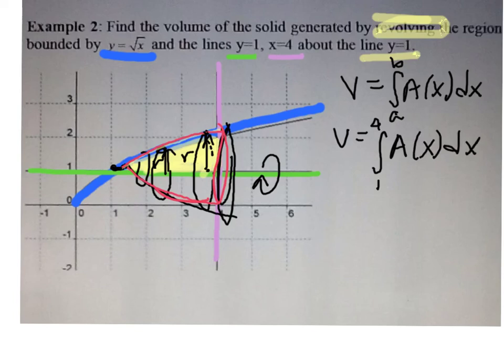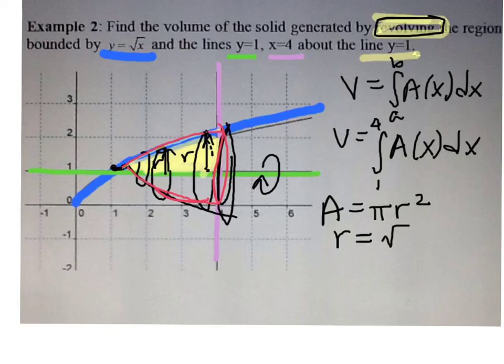Again, because we are revolving, the cross-sectional area is going to be a circle. And I know that A equals pi r squared. In this case, the radius is going to be the top y value of the blue minus the bottom y value of the green. Top minus bottom.